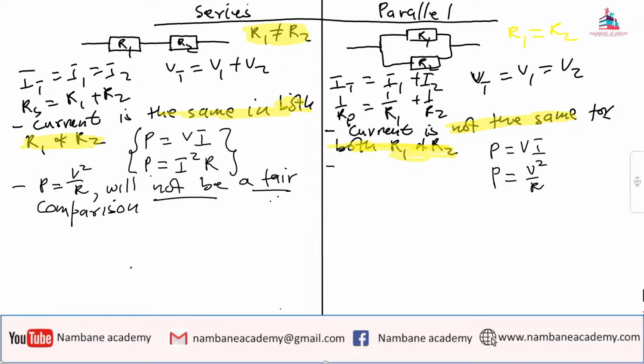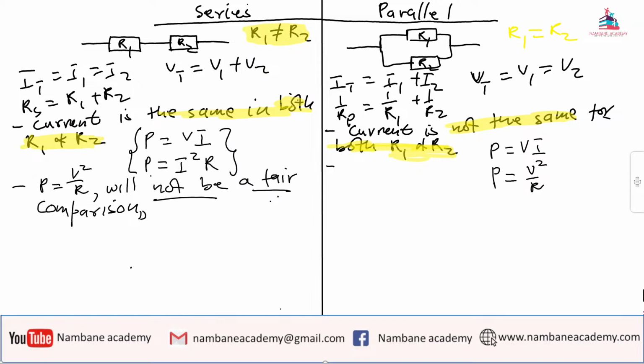So for you to compare, you can only use the equation P is equal to I squared R. Why? Because current is the same in both R1 and R2. One variable must remain constant. That is very, very important.